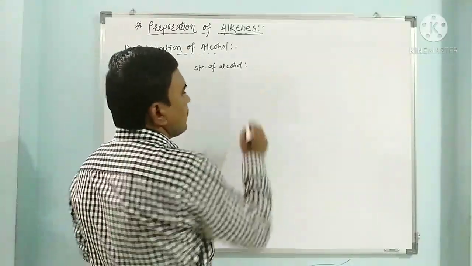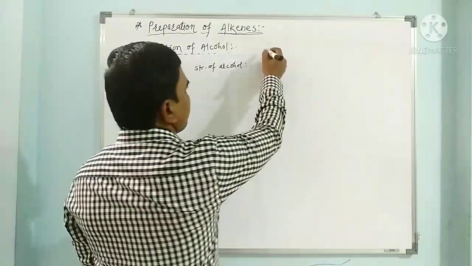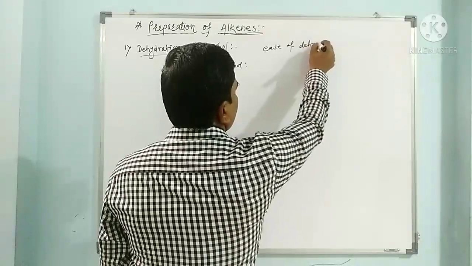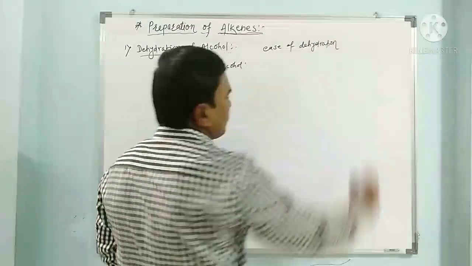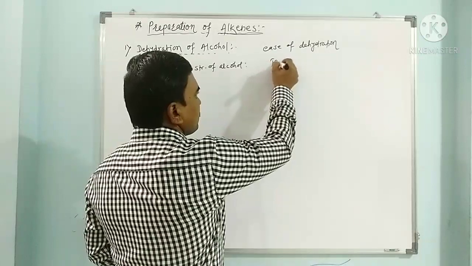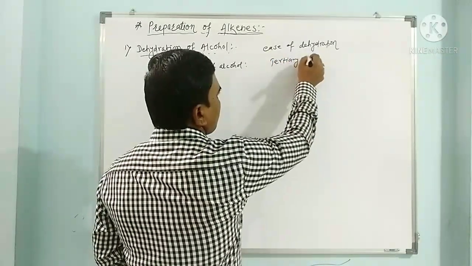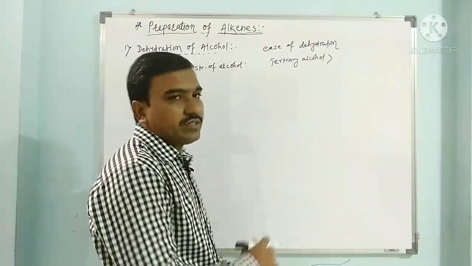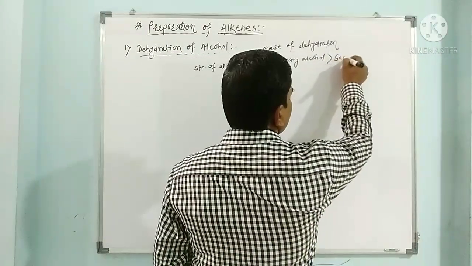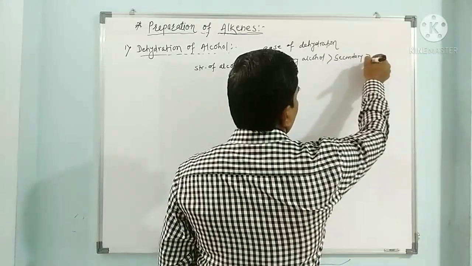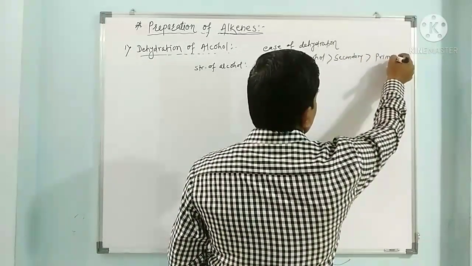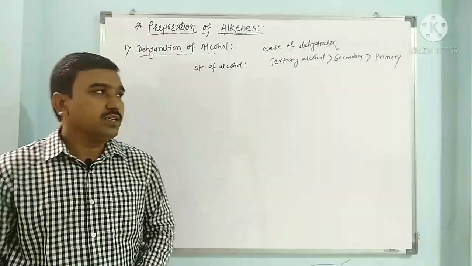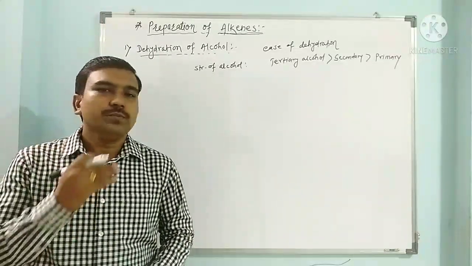So tertiary alcohols undergo dehydration at a faster rate as compared to secondary and primary.